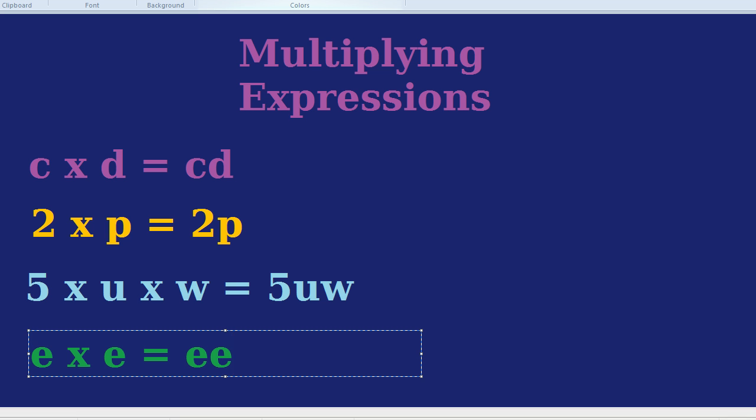We'd end up going EEEEE, which just would be embarrassing. So instead we write E with a little number showing how many times we've multiplied it by itself. So in this case we've multiplied E by itself 2 times. So we write E with a little 2, which means E squared, or E to the power of 2.